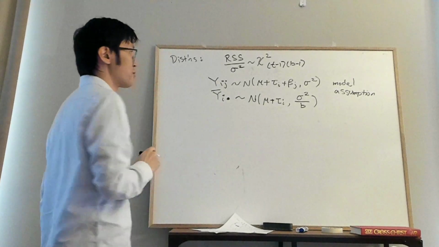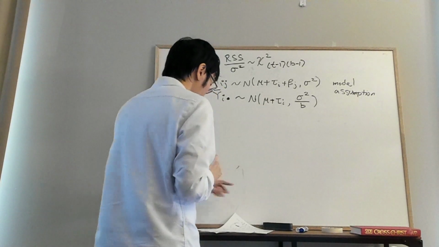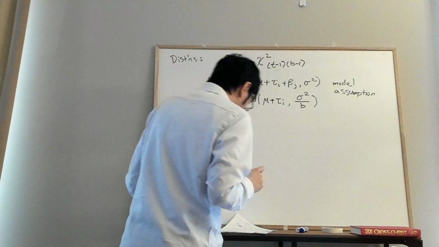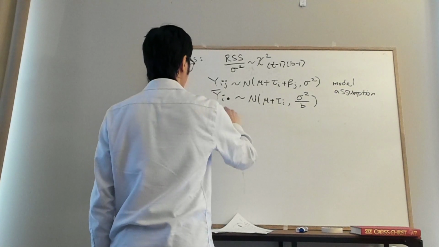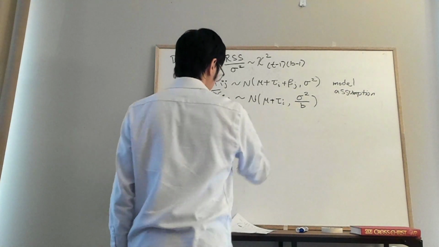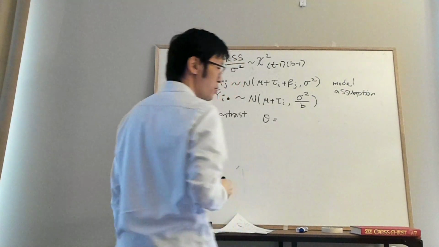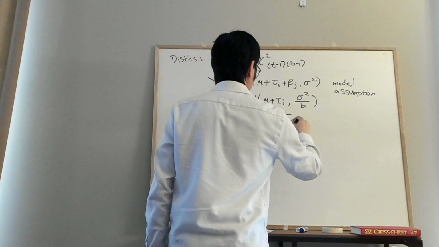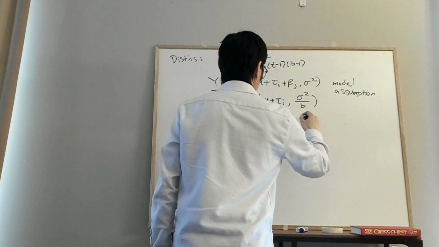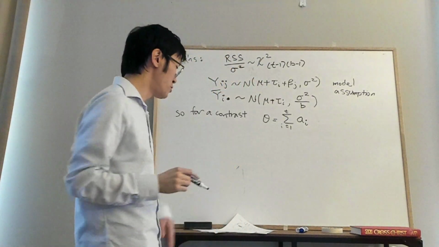Now suppose we want to do a contrast test in this situation. Theta has been our usual notation for a contrast. We can write that as a summation, where the a_i are the constants associated with the contrast, and they sum to 0.